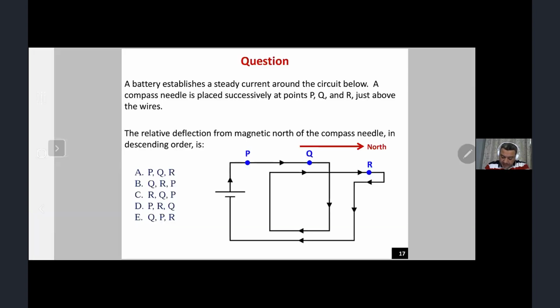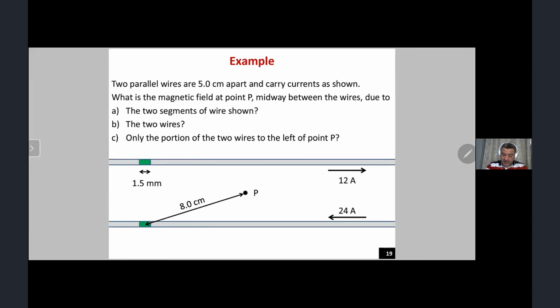So let's move on to this question. In this question, we have two parallel wires that are 5 centimeters apart and carry currents as shown. One of them, the top one, is going to the right and the bottom one is going to the left, while I have two differential elements here of very small, tiny wires, each of which is 1.5 millimeter.